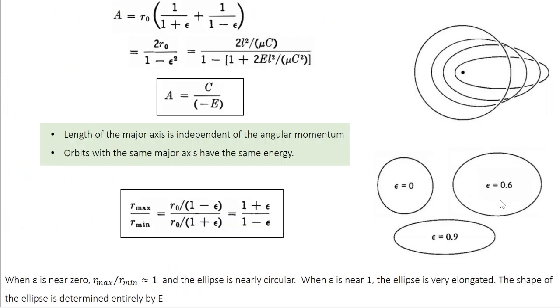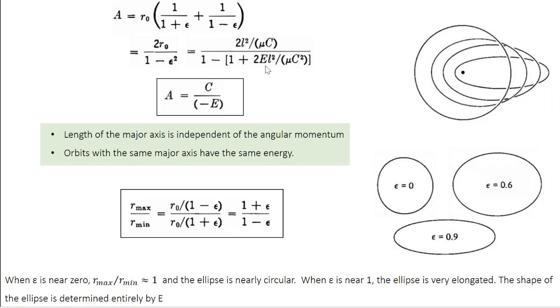So in terms of eccentricity, I can write it as A equal to R naught divided by 1 plus E plus R naught divided by 1 minus E. Let's make some simplification. So this is 2 R naught divided by 1 minus E square. And we know that R naught equal to L square by mu C, and eccentricity E equal to square root of 1 plus 2 E L square by mu C square.